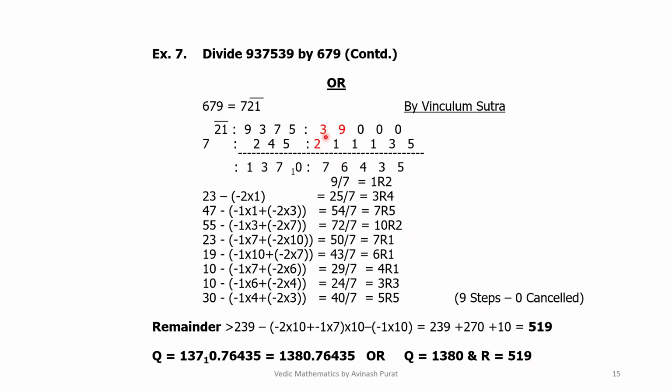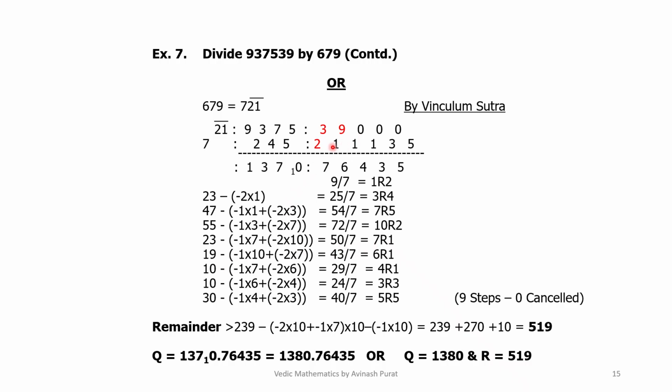Now the next dividend is 23 minus 1 into 7 and plus minus 2 into 10, that is 27. 23 plus 27 is 50.